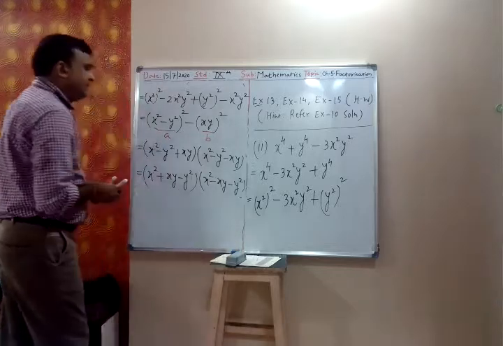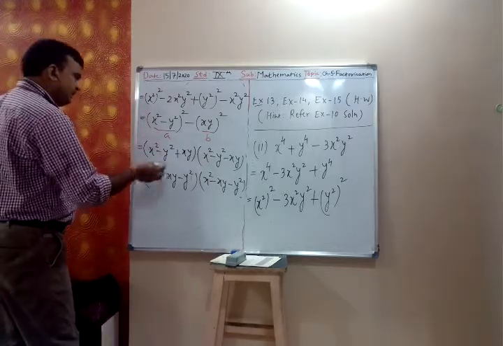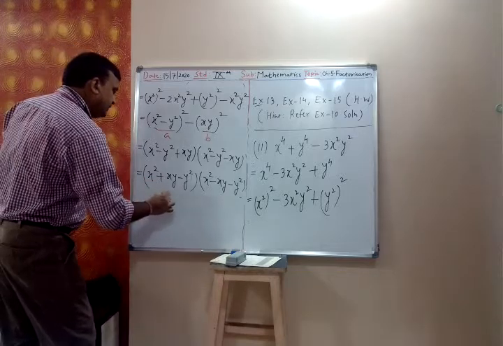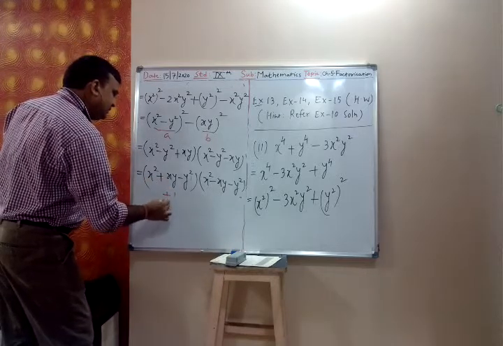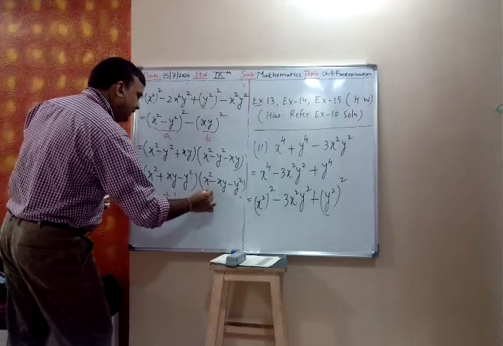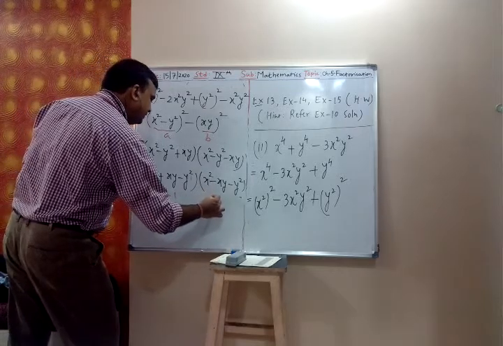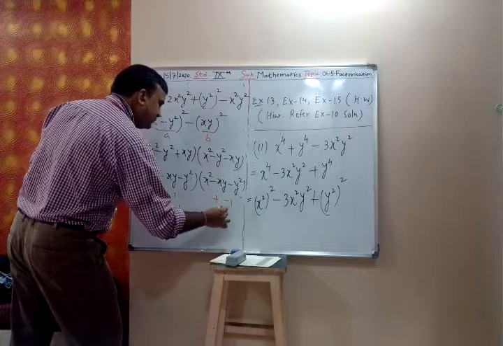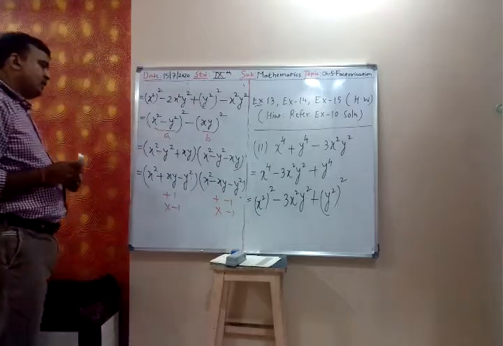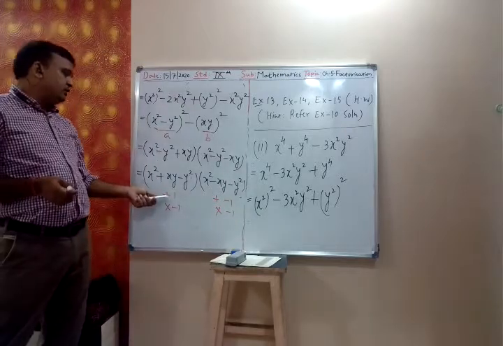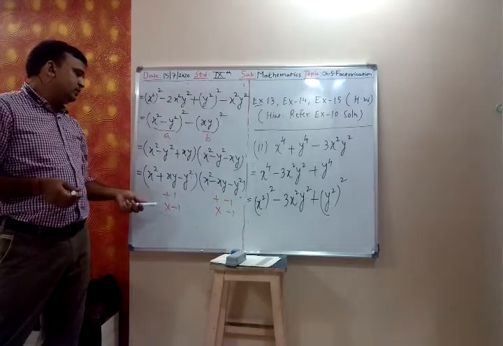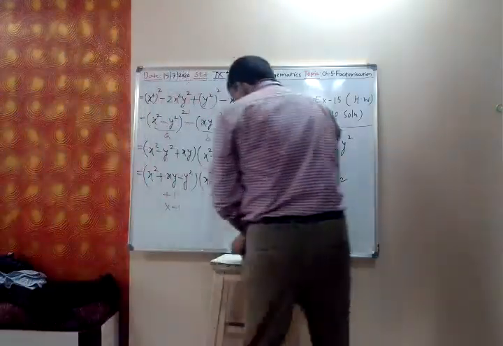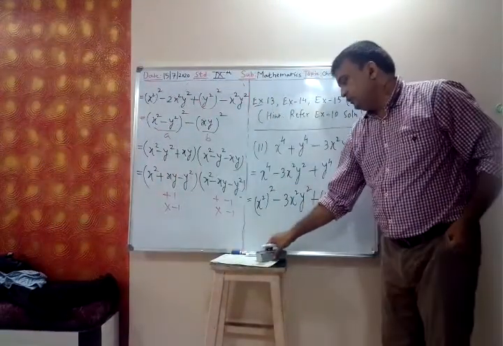Let us see whether they are further factorizable or not. Find two numbers whose sum is 1 and product is minus 1. Find two numbers whose sum is minus 1 and product is minus 1. Are there any such two numbers? No, so you have to stop there.